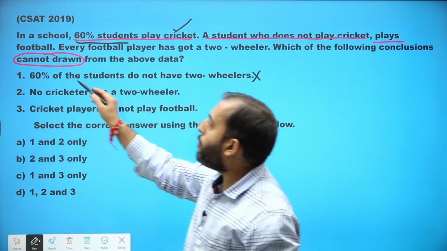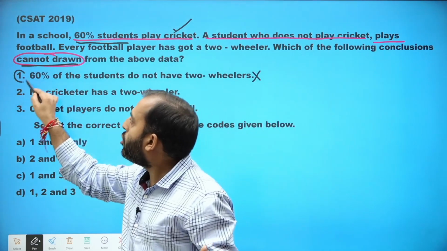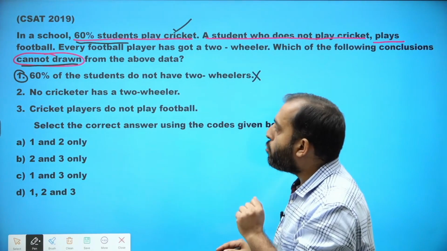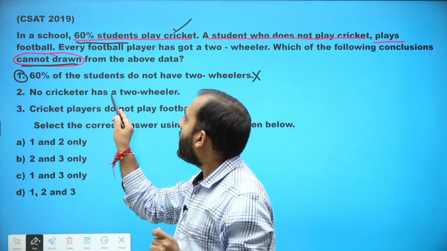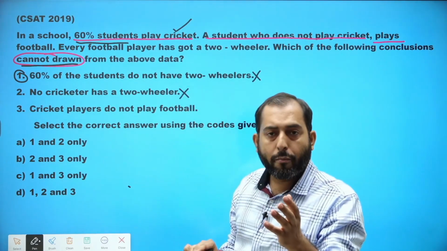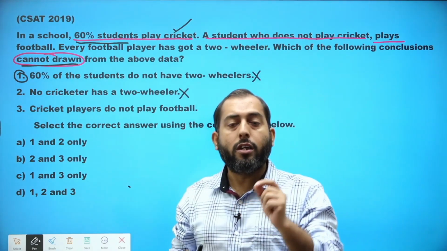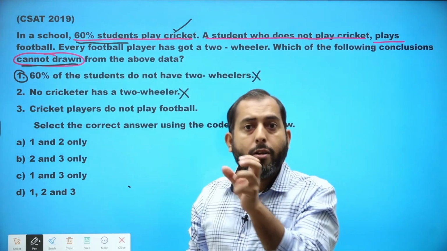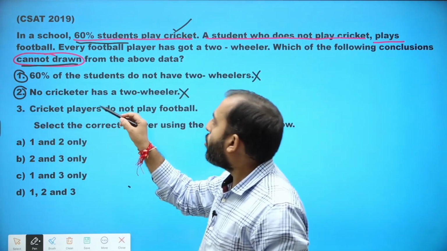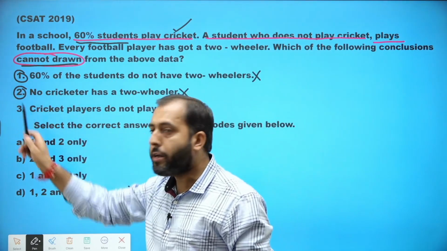But we are looking for a statement which cannot be concluded, so this should be considered while marking the options. Now statement 2 says no cricketer has a two-wheeler. I can say this cannot be concluded because none of the given statements is talking about two-wheelers owned by cricketers. So this cannot be drawn, and this should be considered.